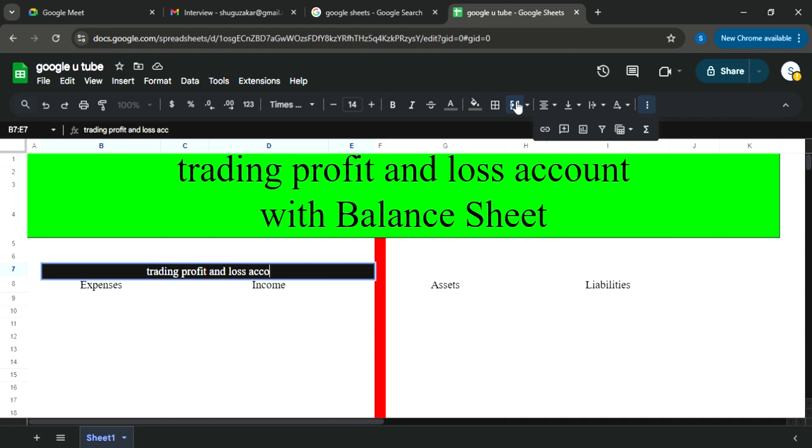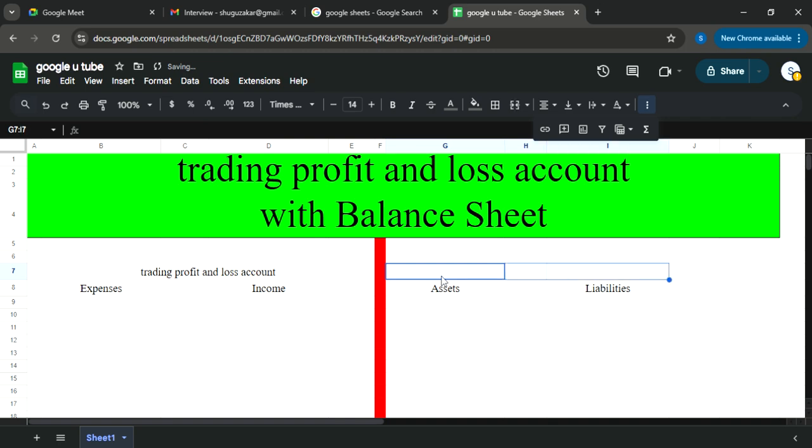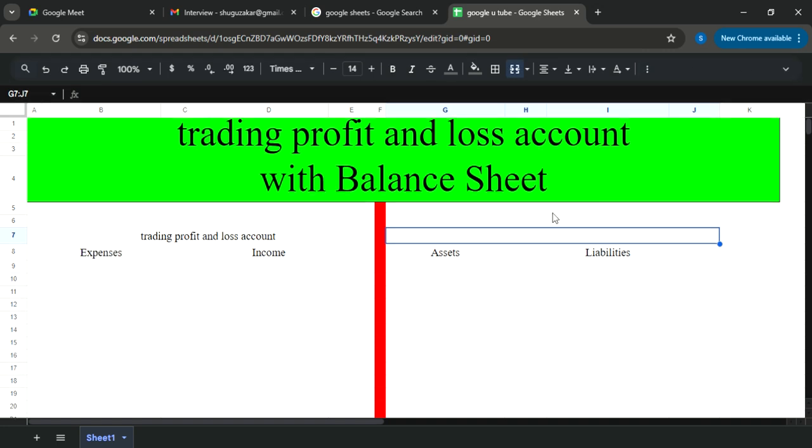That means we will see whether the organization or the business is earning profit or loss. And here we have the second side. When you write all assets and liabilities, this would be considered as your balance sheet. So here we are going to make the heading of the balance sheet.